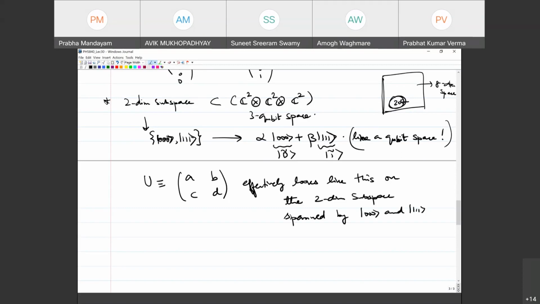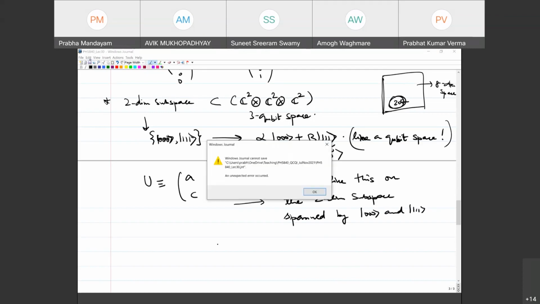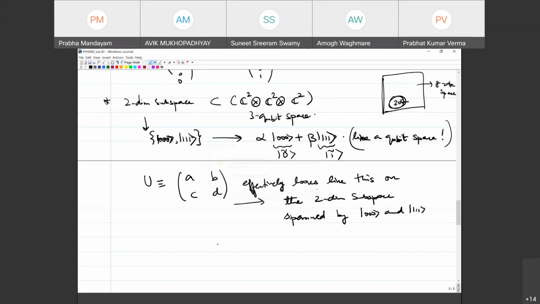Okay, so U effectively looks like this in the subspace that is spanned by 0, 0, 0 and 1, 1, 1. Okay, so I hope this idea is clear. Now see how to do this.